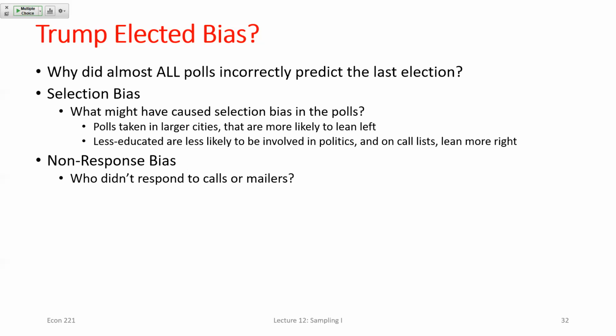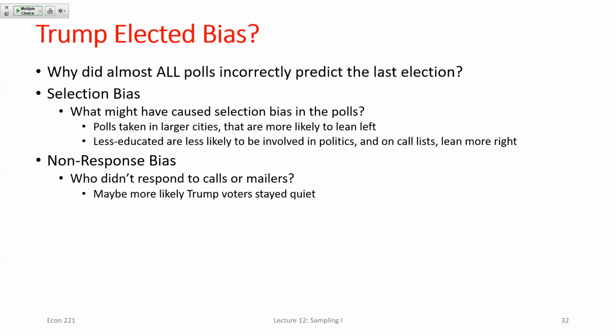So maybe people who were going to vote for Clinton at the time were more likely to respond to these political polls, right? So we had kind of this non-response bias built in that was also going to make it look like Hillary Clinton was going to get a larger percent of the vote potentially than Donald. So, you know, the way the article phrases it is maybe they just kept quiet, right? They just didn't respond at all.